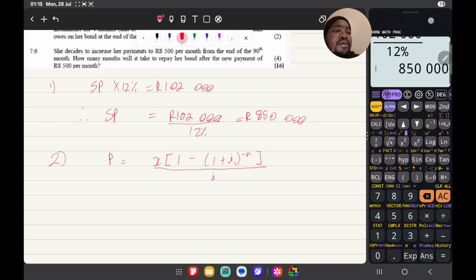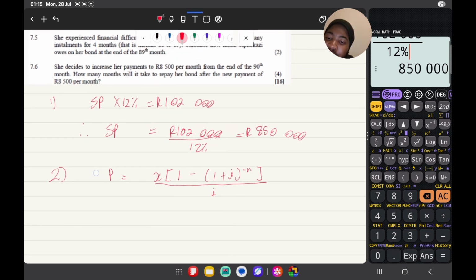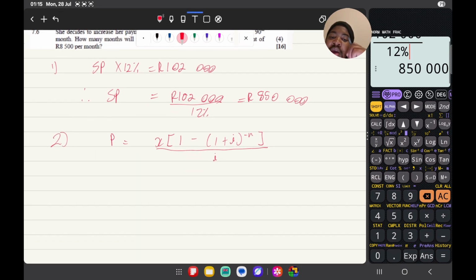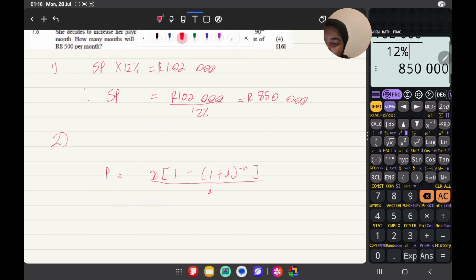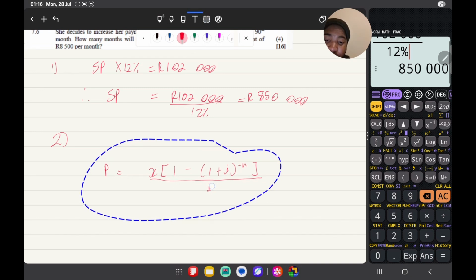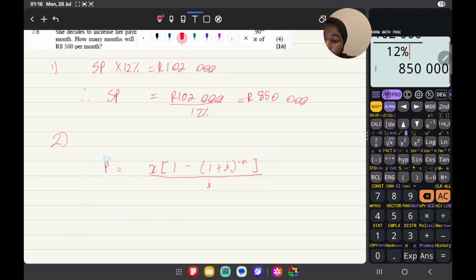Let me check now. Cool. So the formula is right. Of course, this is a present value annuity, right?